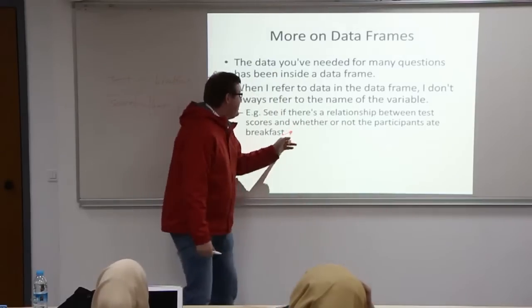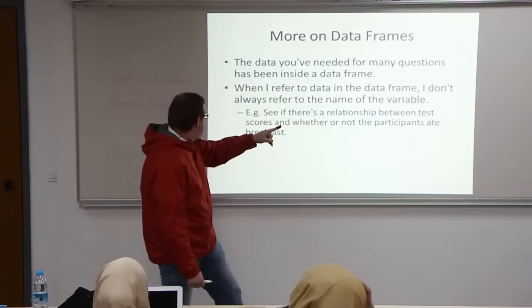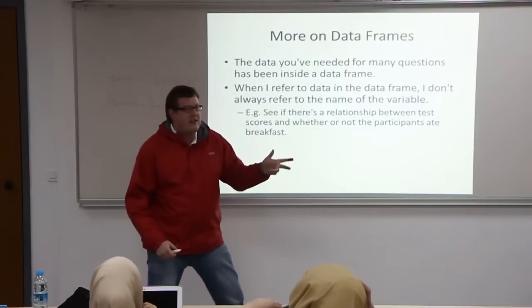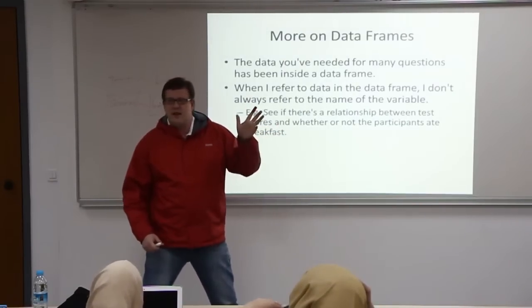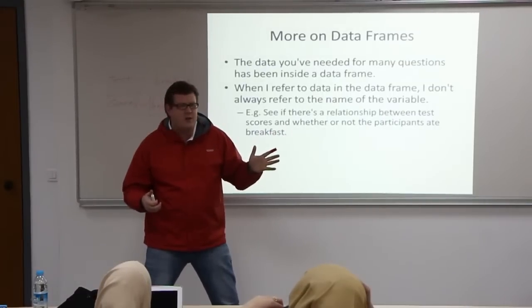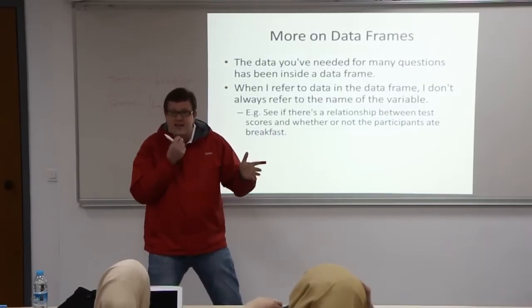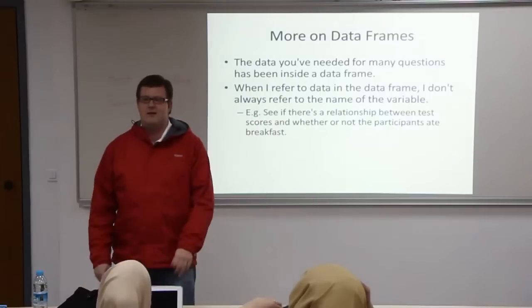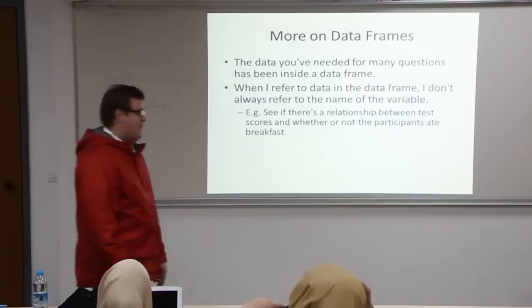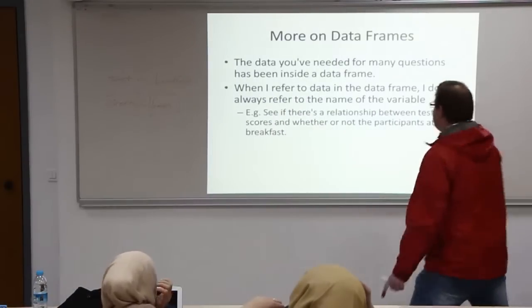And look at the question and think, okay, relationship between test scores. We have incentive and sleep and test and breakfast. Which of those would be the test scores one? Test, then it's probably it. Breakfast, oh, that must be breakfast. Then you got it, no problem.